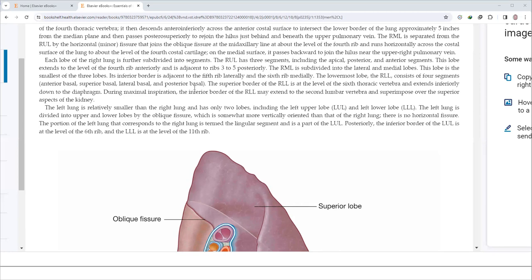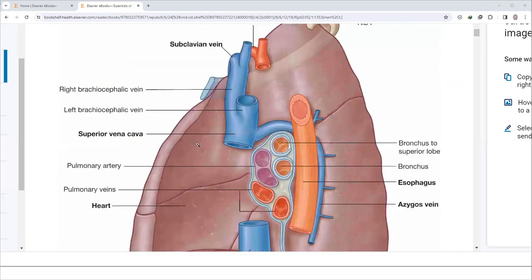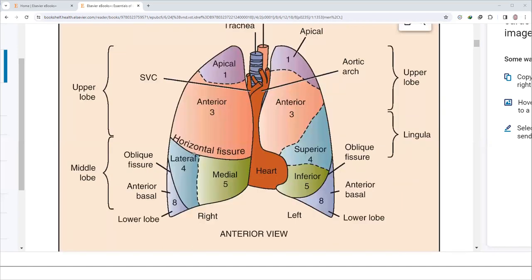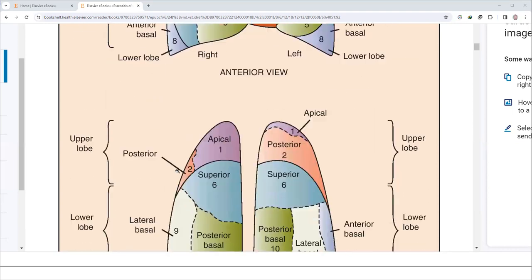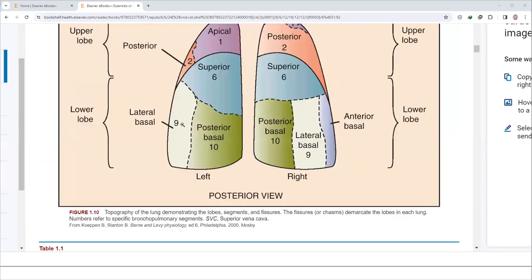The middle lobe is the smallest and is divided into lateral and medial segments. But the lower lobe of the right lung is divided into four segments: anterior basal, lateral basal, posterior basal segment.